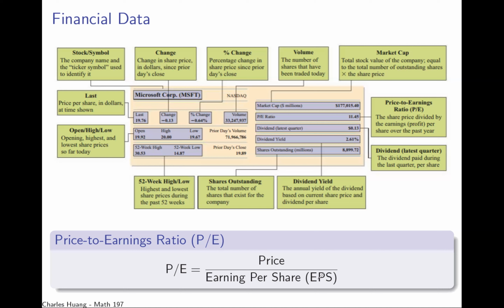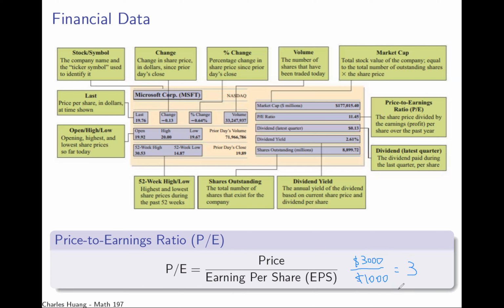So for example, if I'm trying to sell you a restaurant and I'm telling you, my restaurant makes $1,000 every year. So that's the earning. And I want to sell you this restaurant for $3,000. And that's the price, right? How much I want to sell it to you. We will have a PE ratio of 3 in this example.